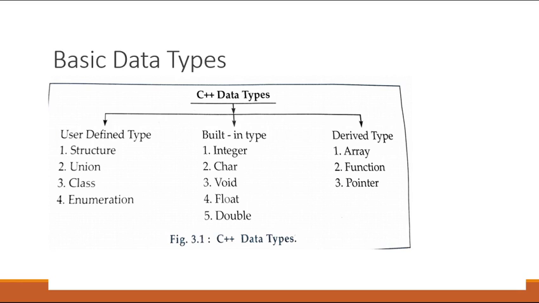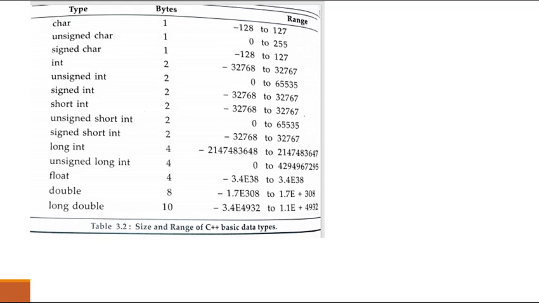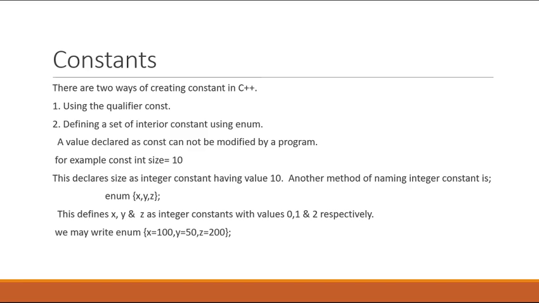Generally we use built-in data types, and we saw how to create user-defined data types as well as derived data types. And again we saw the ranges of various data types, that is character, unsigned character, all these things. And now we see what constants are.